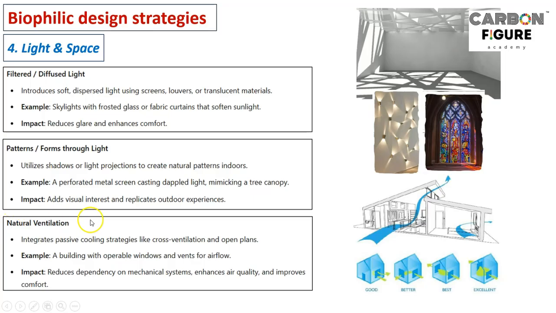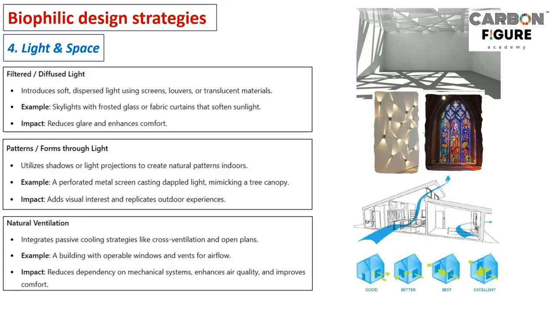Then natural ventilation. It integrates passive cooling strategies like cross ventilation and open plans. Obviously, a building with operable windows and vents for airflow. Again, the natural ventilation itself makes you calm. That's the point here, right? Because the envelope, indoor environment comfort and all, we already saw in the previous module.